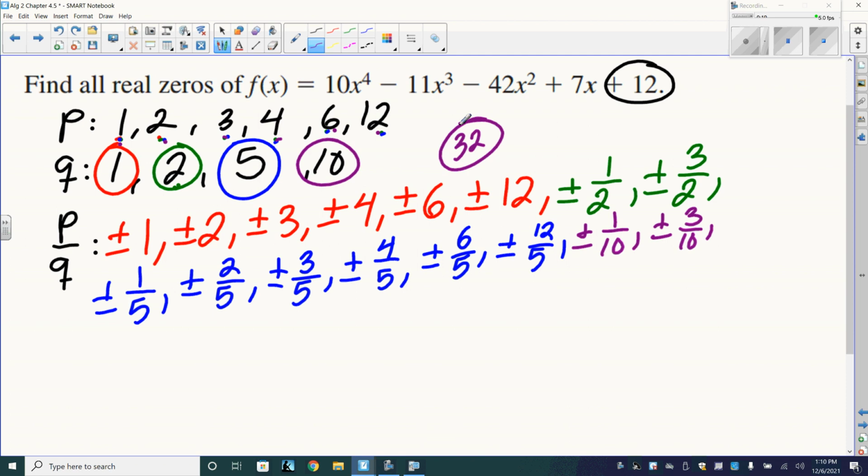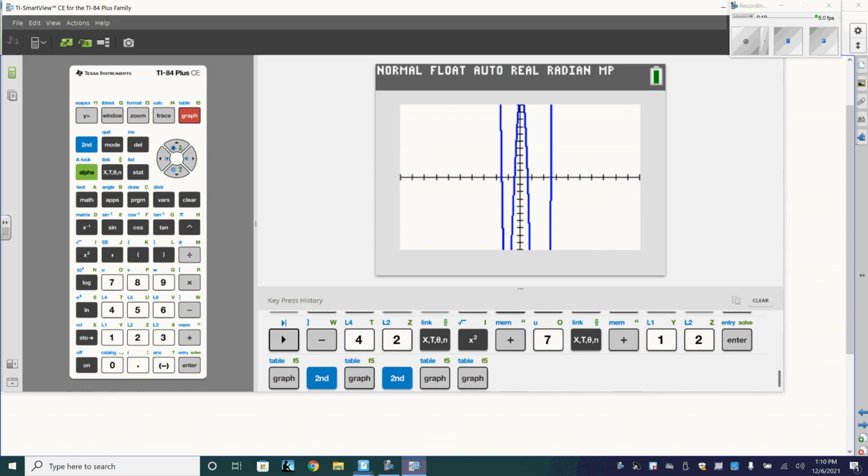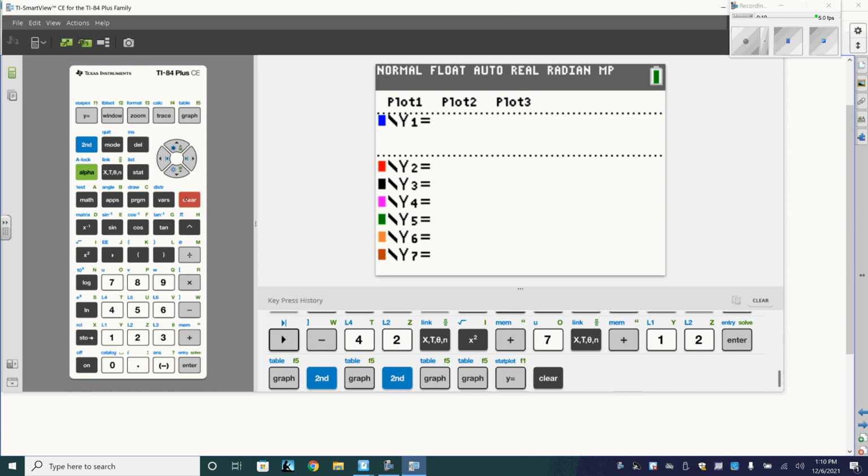Well, what can we do next? Well, we could, what? We could graph it. So we can type this into the graphing calculator to see what zeros we could get.